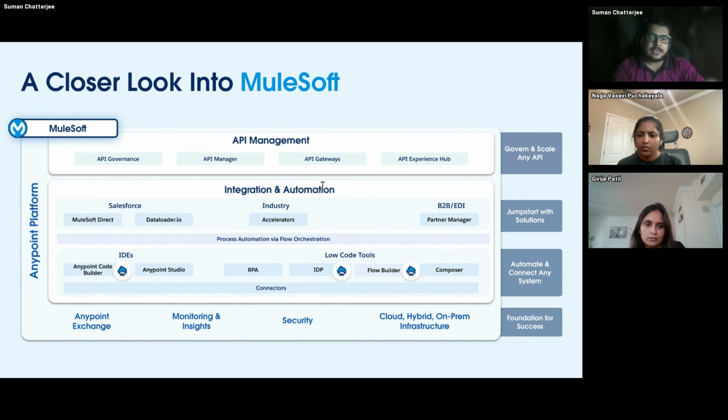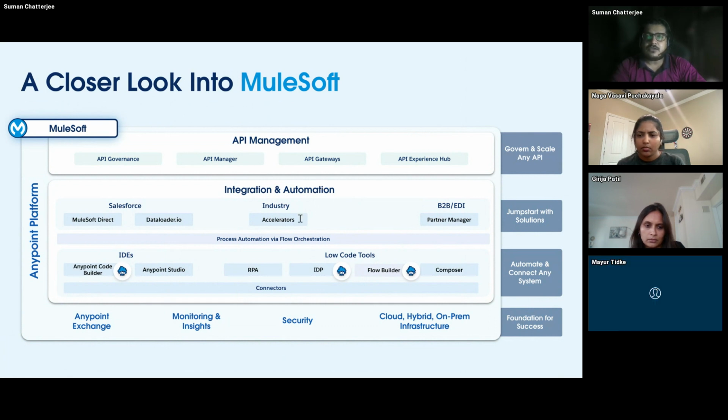You also get the Anypoint Exchange, which is a repository for all the pre-built APIs and connectors, which jumpstarts your integration process significantly. Now, MuleSoft also caters to your various user needs with its low code tooling solutions like your Composer, RPA, or IDP.